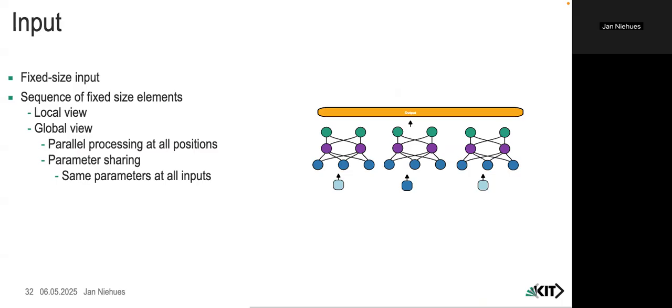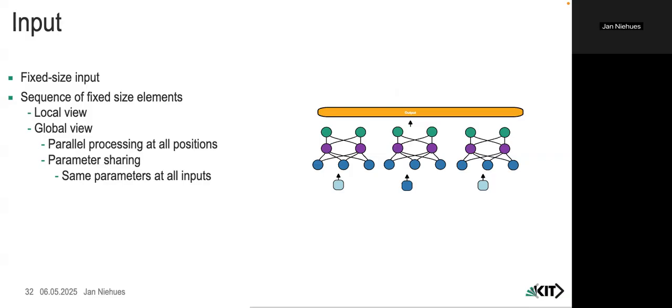And this is going via parameter sharing, meaning that, yes, we have 3 times this network, but all the networks have exactly the same parameters. So you're just making it flexible so that you can handle variable inputs by having multiple times the same parameters, which is then referred to as parameter sharing.